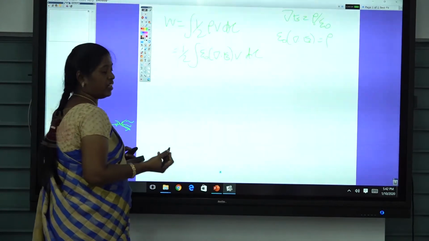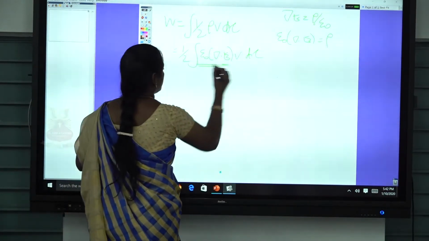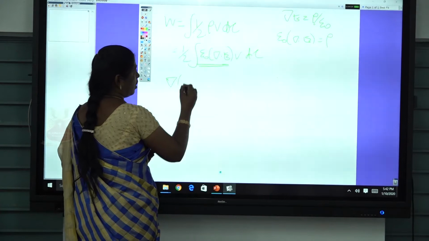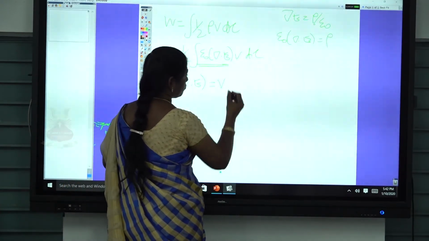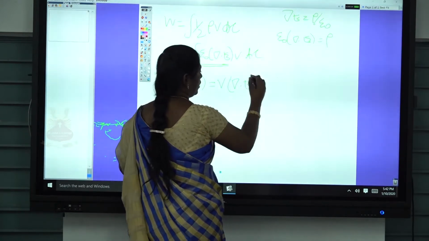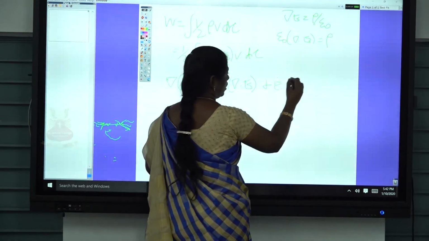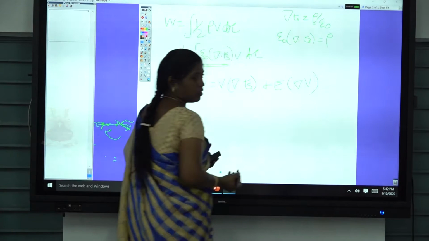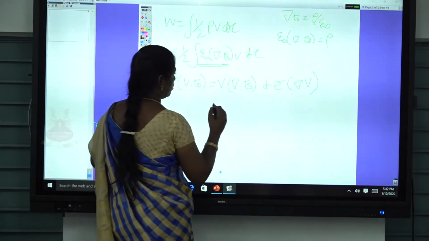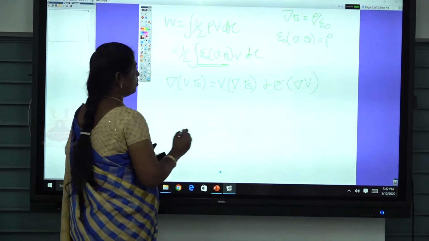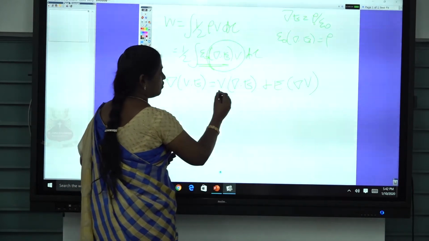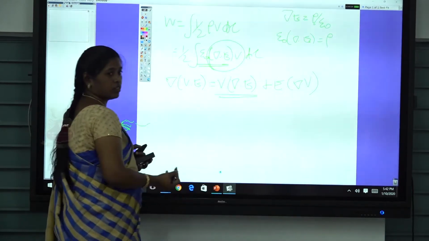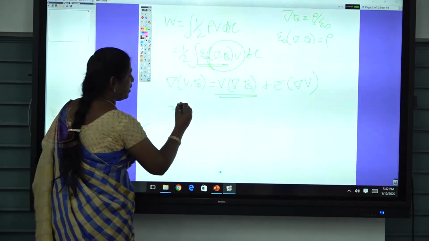Using the vector identity, we can substitute in this place. We know that del of V dot E equals V into del dot E plus E into del V. So the above term is replaced by half.